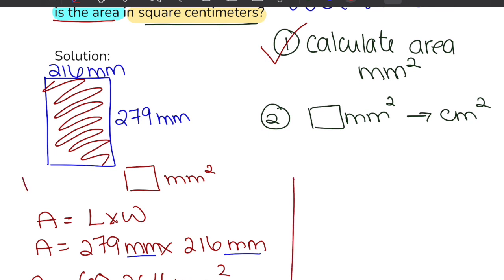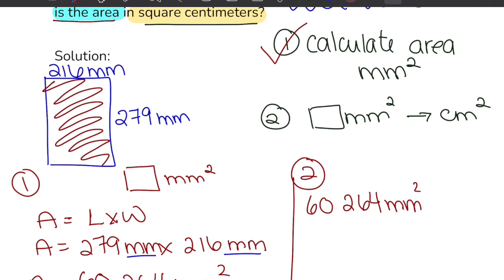Now let's move on to step number 2. We're going to take this number, this area that's in millimeters squared, and we're going to convert it to centimeters squared. Now we've done this in the examples from the last video. So we always start by writing down the conversion fact for length.